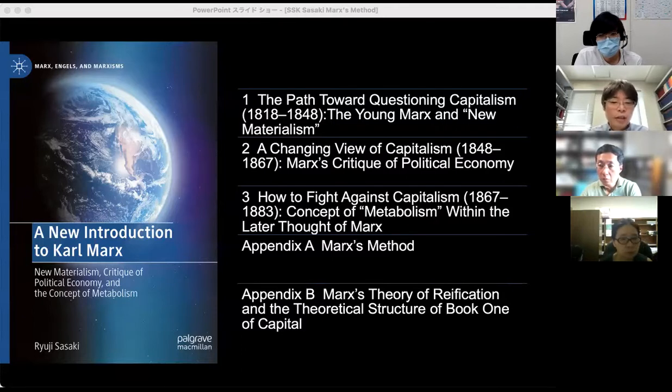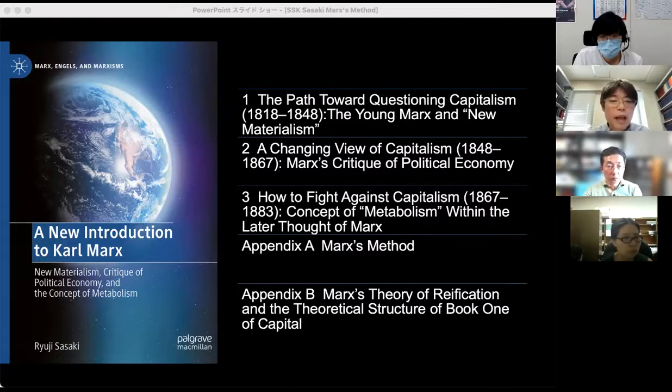Metabolism is a key concept to understand Marx's theoretical development in his later years. In Chapter 3 of this book, I try to clarify the theoretical endeavors of his final years, based on the most recent research on Marx's manuscripts and notes, such as Kohei Saito, Kevin Anderson, and Heather Brown.